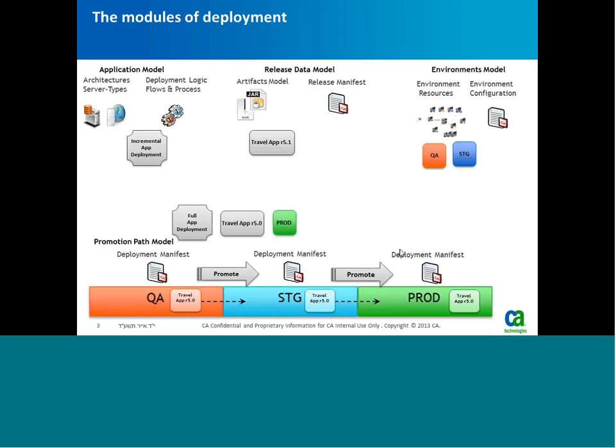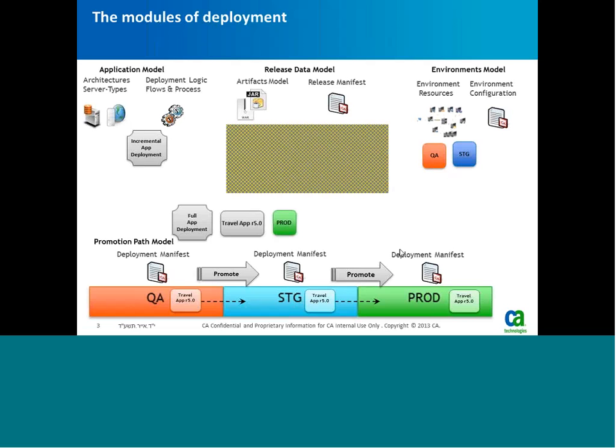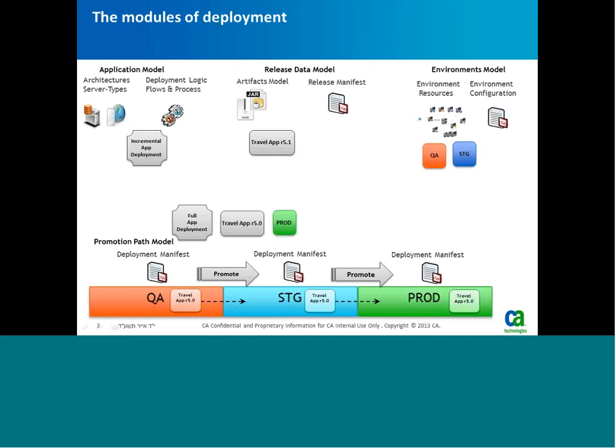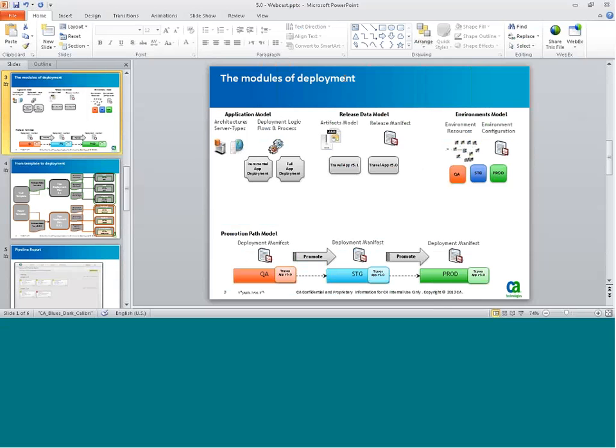So after we explain this at a very high level, let's jump into a live system and see how that works out in the actual product. Let me share my browser.